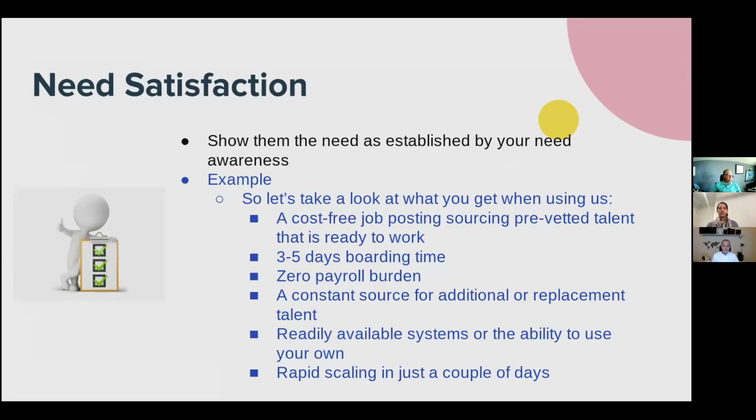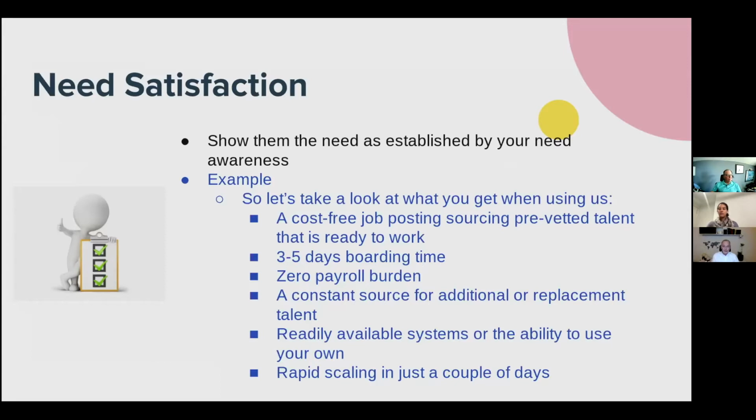Number one, you get 3 to 5 days boarding time instead of that month that you just mentioned. You have 0 payroll burden, which literally would be 2 to 3 times what our fee base would be, just if you had payroll burden versus using us. You've got a constant source for additional talent, whether that be to replace a seat or to scale because you need more people. Ready available systems or the ability to use your own systems.